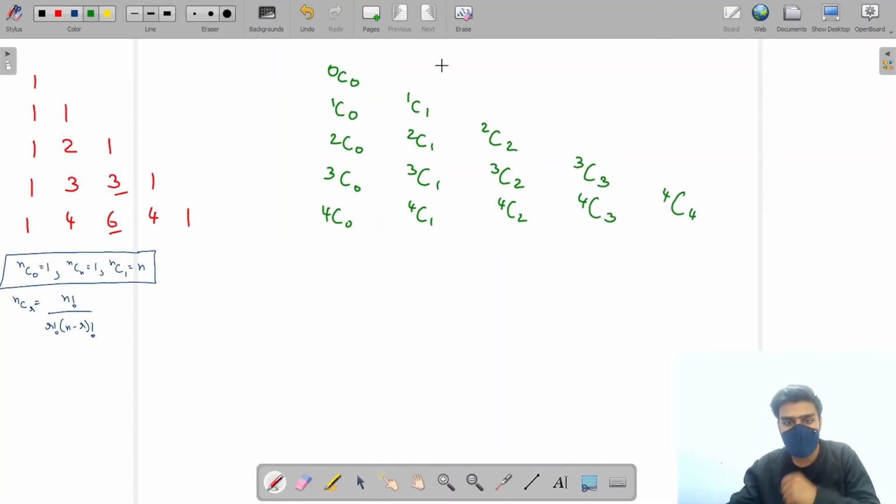Alright, so these are the combinations which we are writing. So now how can we optimize this?